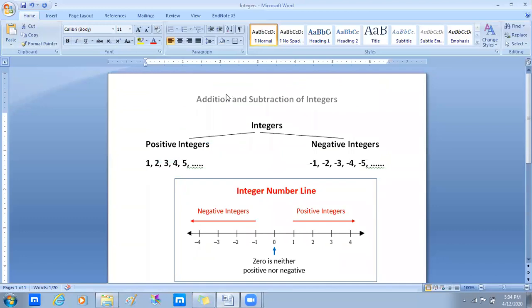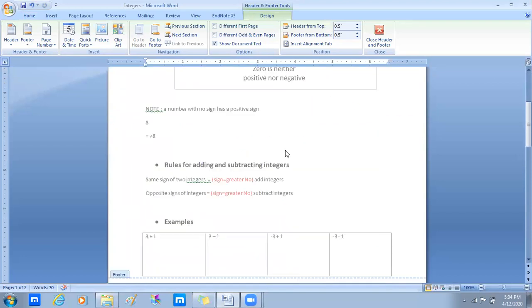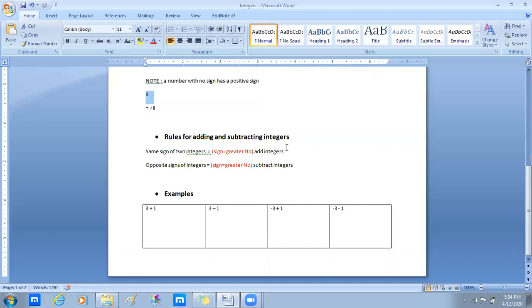So now move on to our topic. Our today's topic is addition and subtraction of integers. If we are given any two integers and we have to add or subtract them, there are two rules for this purpose. The first one is, if both integers have the same sign, we have to add the integers.